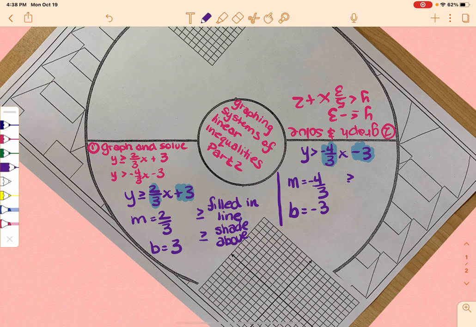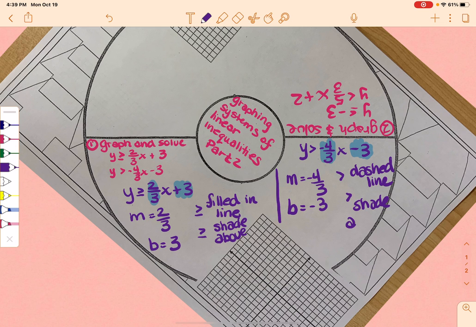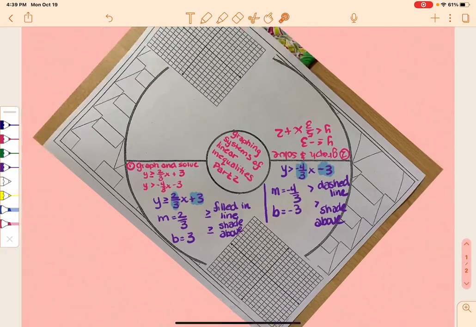If I look at these inequalities, oops, might help if I made the inequality that was there, huh? If that's my inequality, that means I'm going to have a dashed line, and I'm going to shade above. So now I'm going to take both pieces of information here, and I'm going to graph them on the same graph.